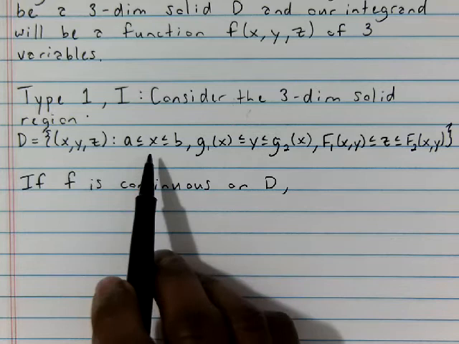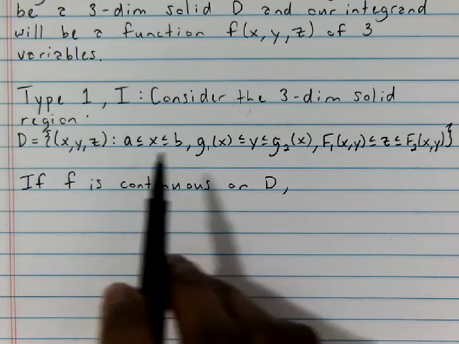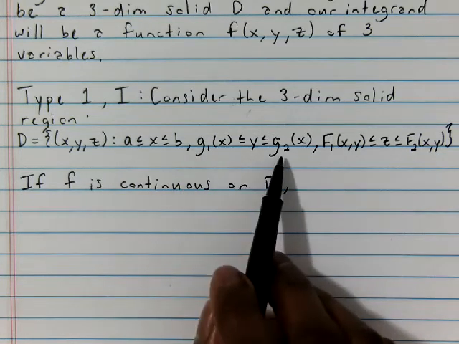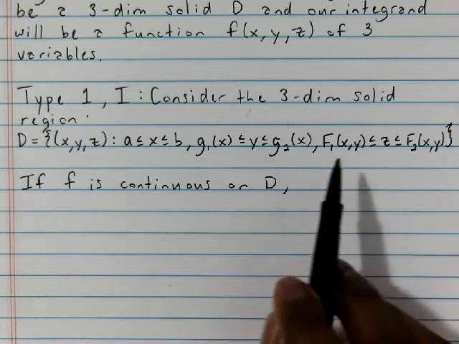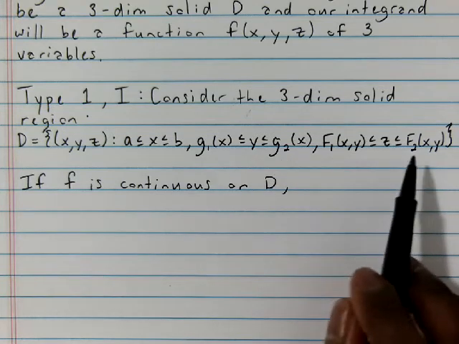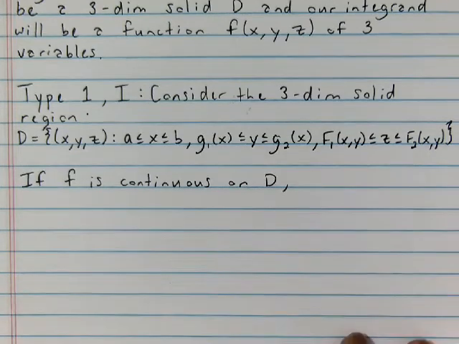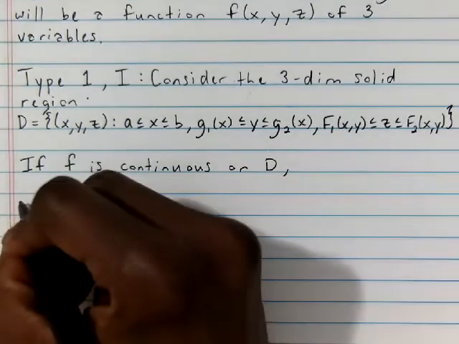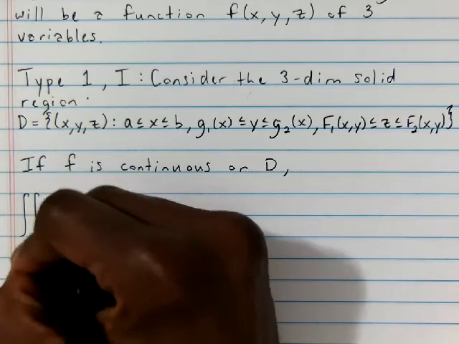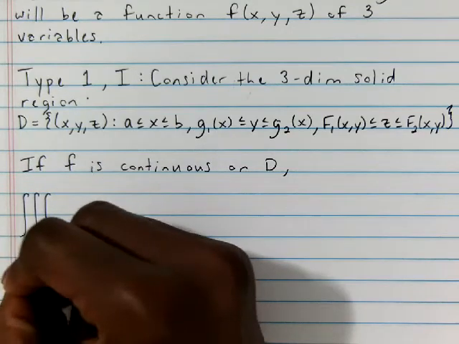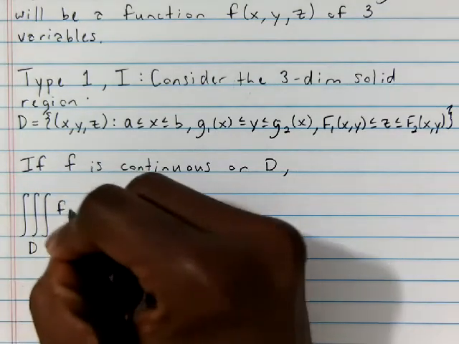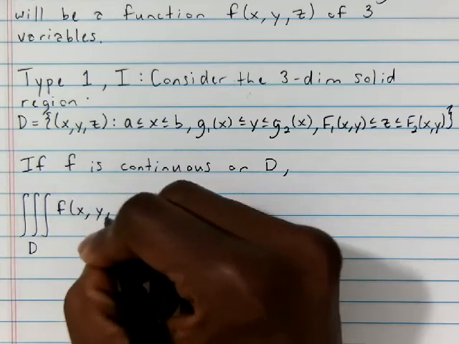We know constants are going to go in our outside integral, then function of one variable, and then on the very inside integral is going to be function of three variables. So now we call this the triple integral over D of f of x, y, z.